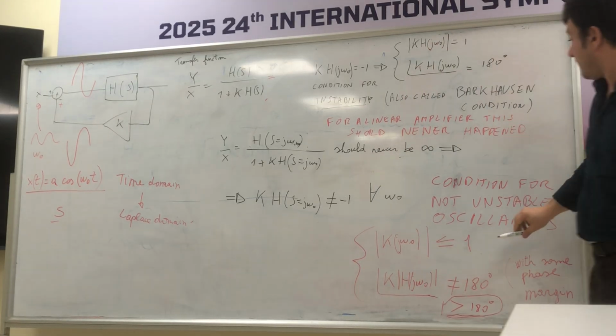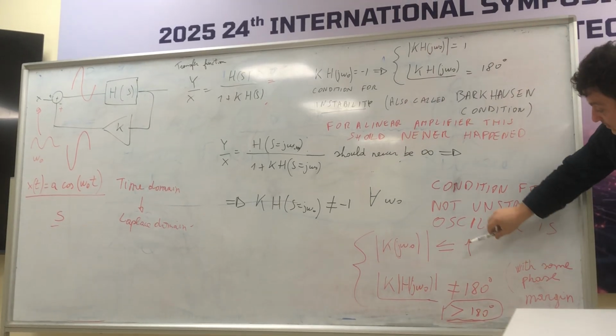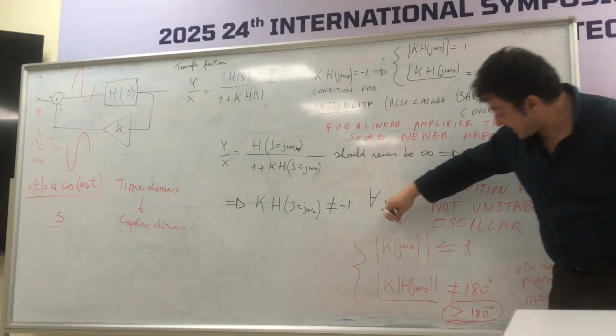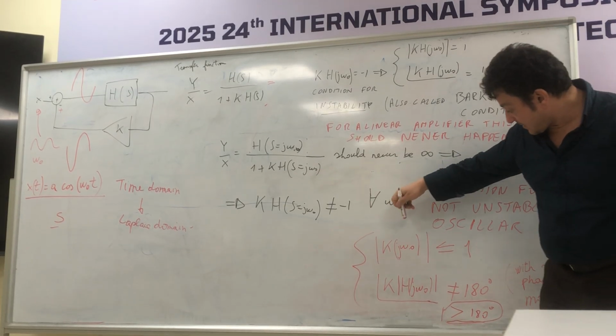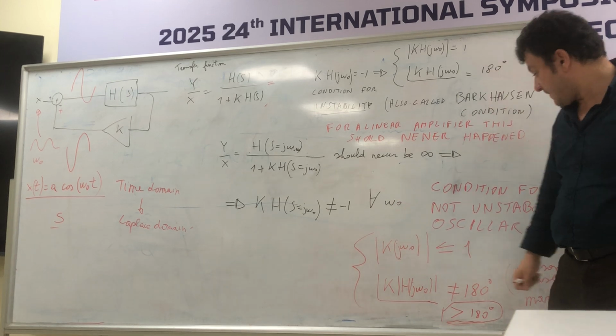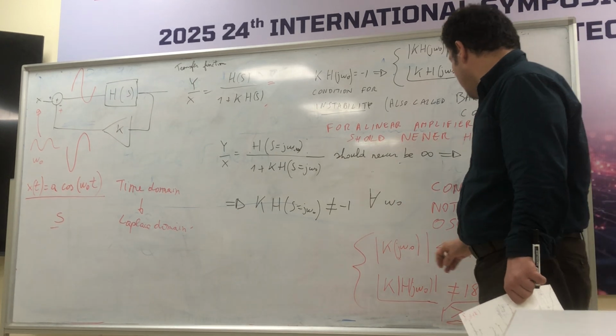So actually, we would like to be in this condition. So the gain is always lower than 1 for each frequency. The module.